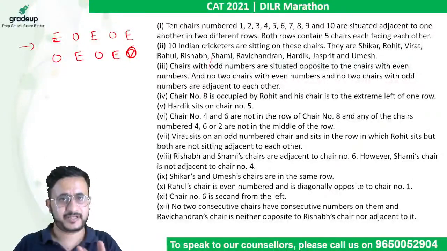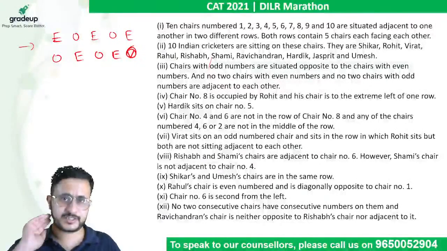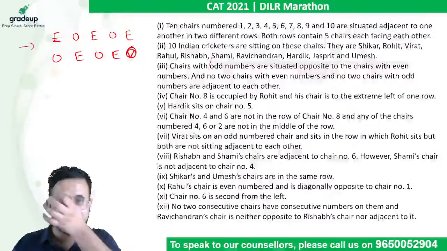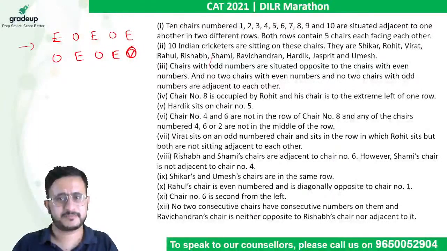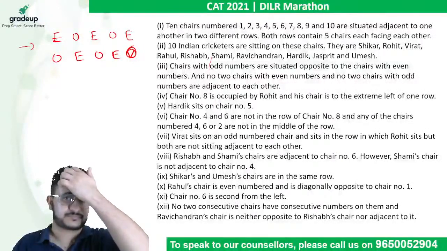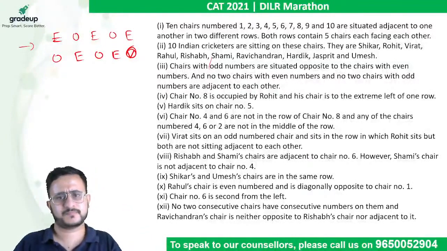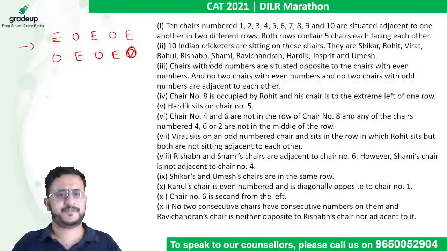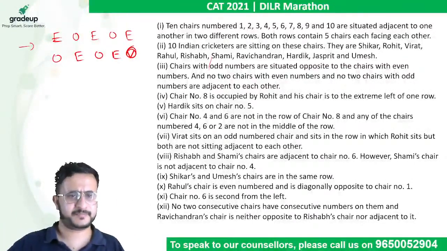If you see the 6th point, that also talks about something about chairs, okay? And if you see the 11th statement, that also gives you something about chairs. 12 also says no two consecutive chairs have consecutive numbers on them. So a lot is given about numbers. So I've given you a hint to find the chair numbers first. First find the chair numbers, then assign these people.